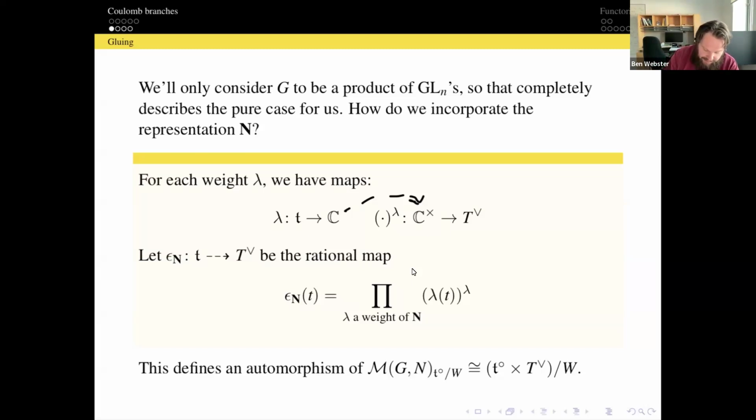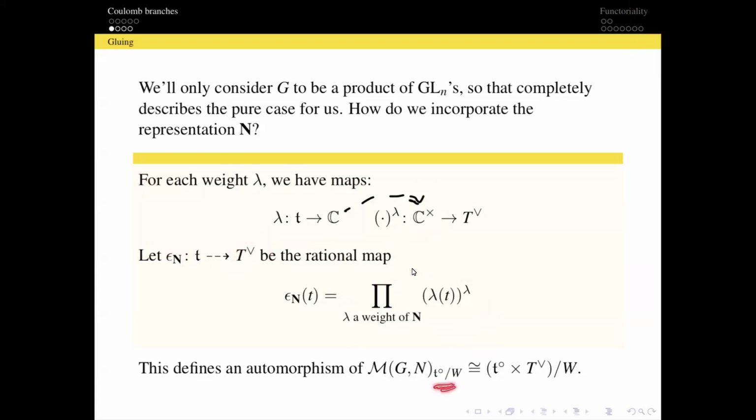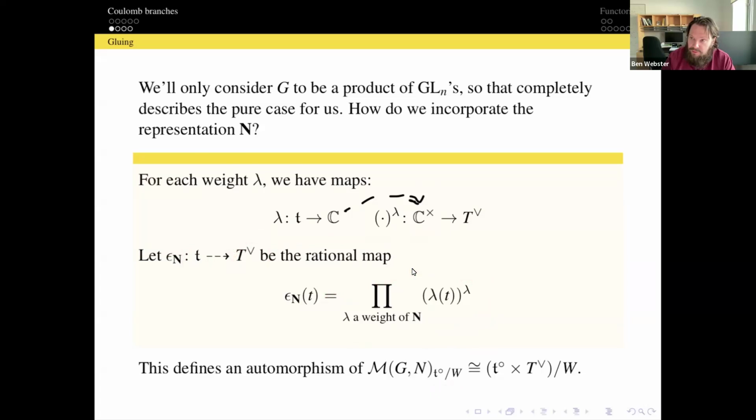But I can take these rational maps, and then using the group structure in T-check, I can take their product. So I end up with this kind of strange rational map where T maps to a big product in T-check of these guys I've gotten by taking my weight and composing the function coming from my weight in 2 different ways. So over the place where none of my weights vanish, this defines an automorphism of my space, right?